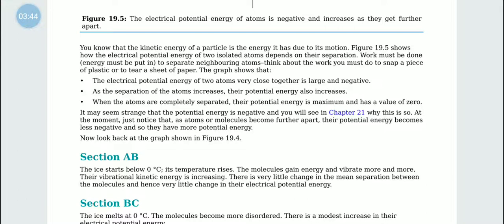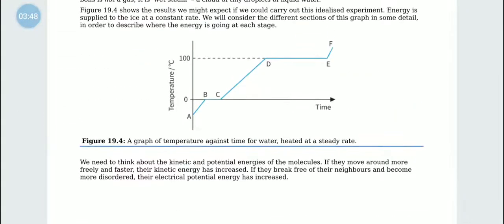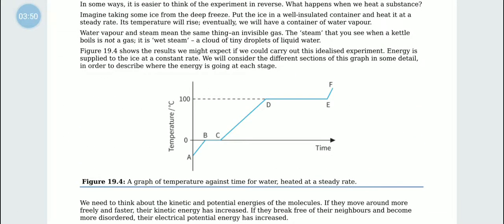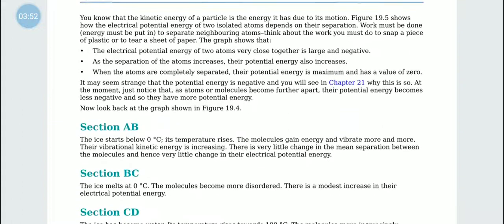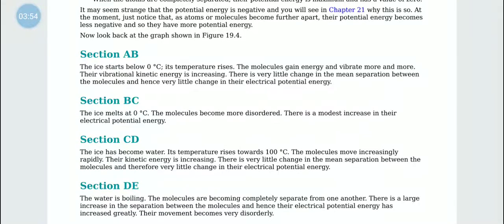Now in section AB of the graph, please refer to this graph. From A to B, ice is there. You know the freezing point is 0 degrees Celsius. When the temperature rises, the molecules gain energy and start to vibrate faster.